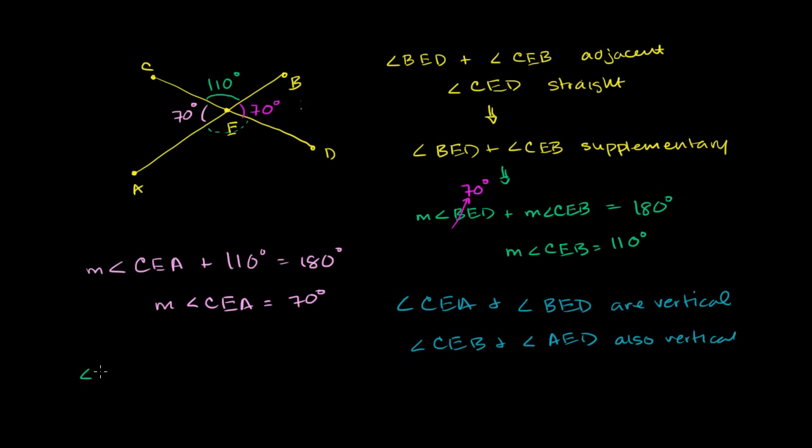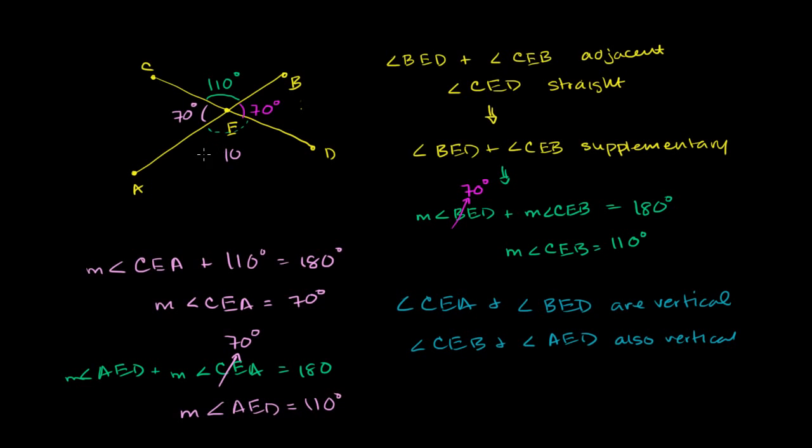Or we could say the measure of angle AED plus the measure of angle CEA must be equal to 180 degrees. We know the measure of CEA is 70 degrees. So you subtract 70 from both sides. You get the measure of angle AED is equal to 110 degrees.